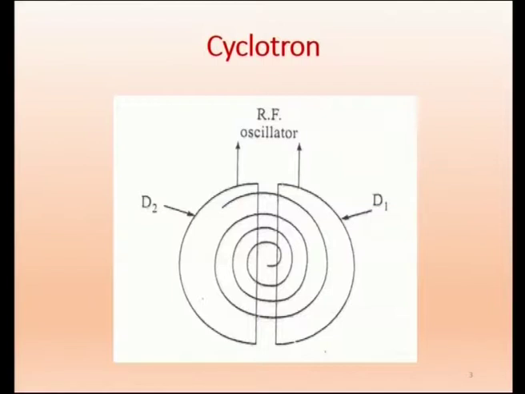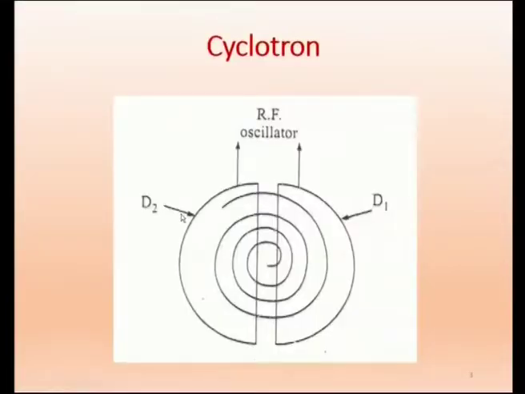So the cyclotron consists of two Ds. We call them D1 and D2. They are only hollow cylinders, or a flat cylinder, a hollow disc. Suppose you take a hollow disc, cut it into two, and slightly separate them. You get D1 and D2, each a hollow chamber of semicircular shape.